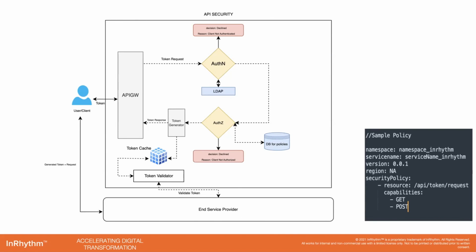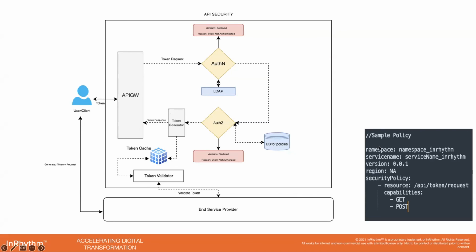We have authentication, where we verify if the client-provided certificate is valid or not. For this, we are connecting to LDAP for user data. For bad clients, we decline the request, saying that the client is not authenticated. For a valid client, we proceed to authorization. In order to check if a user has permission to use a resource, we can use policies.